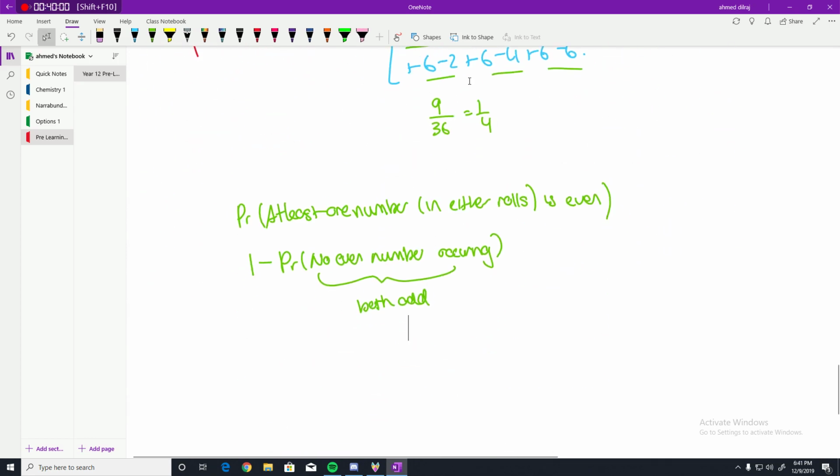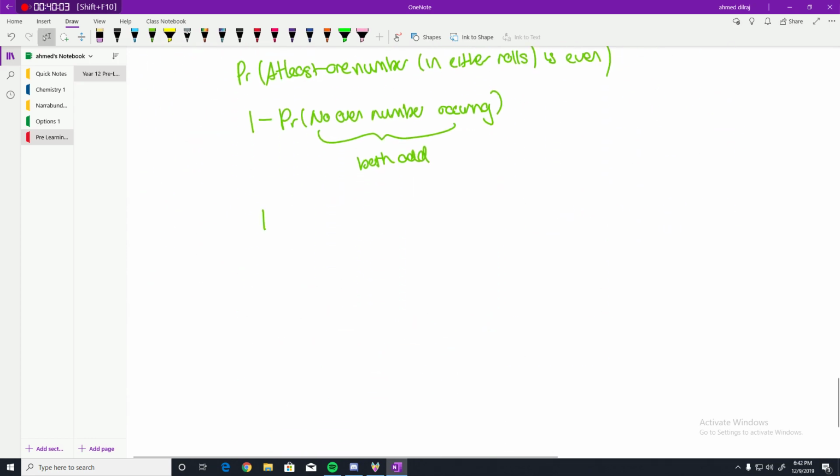So that's 1 on 4. So we just have 1 minus 1 on 4, which is equal to 3 on 4. So whoever got 3 on 4, well done. I think Daksh got it instantaneously.